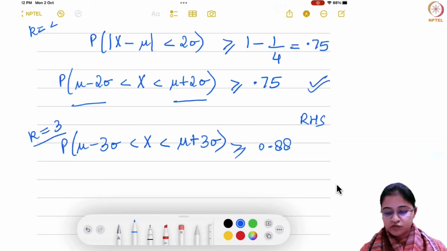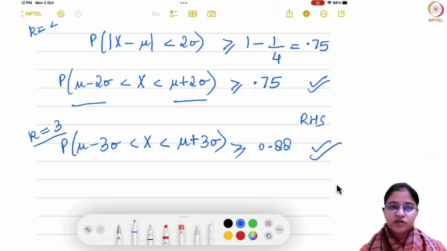We need these two only, because this is the statement of the theorem, that at least 75% of the observations would fall between mu minus 2 sigma and mu plus 2 sigma. And likewise, at least 88% would lie between mu minus 3 sigma and mu plus 3 sigma.